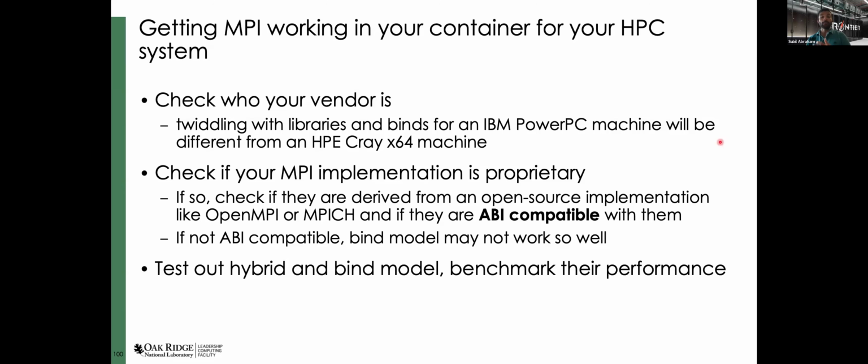And so you are able to still use bind model with some additional effort, like we saw earlier, where Cray HPE has a lot of other auxiliary libraries that its MPI libraries need access to in order to work correctly. And if the MPI library on the host and the MPI library in your container are not ABI compatible, bind model will not work well or work at all, really.